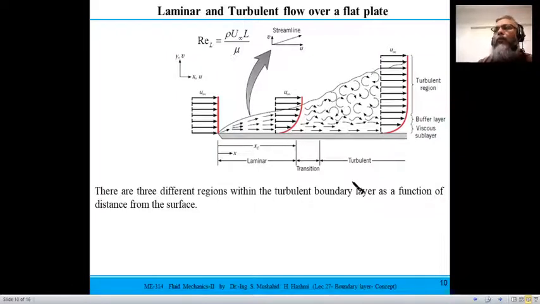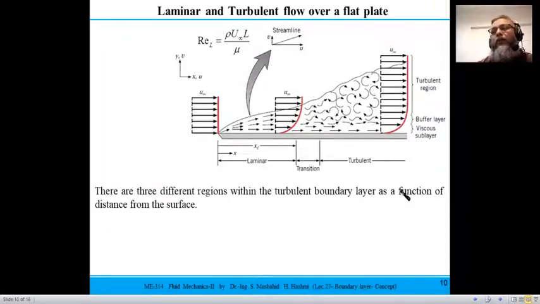So that region would be called turbulent flow. And laminar to turbulent doesn't occur instantaneously. There is a certain region, called the transition region, where transition takes place from the laminar regime to the turbulent regime. So what we see here is that the behavior of the fluid flow is different in laminar and in turbulent.